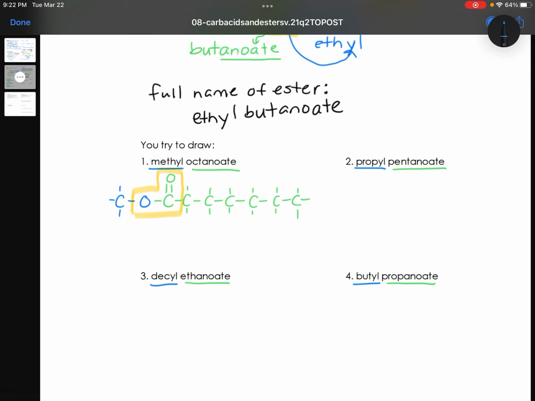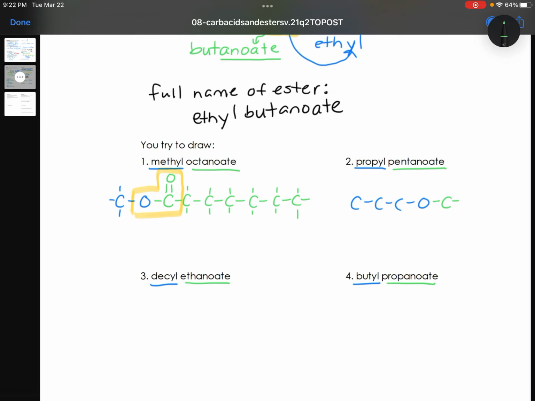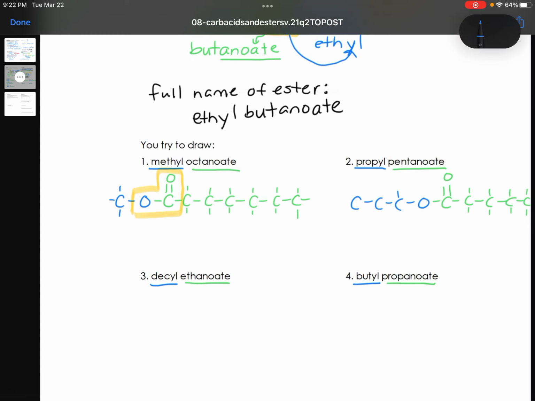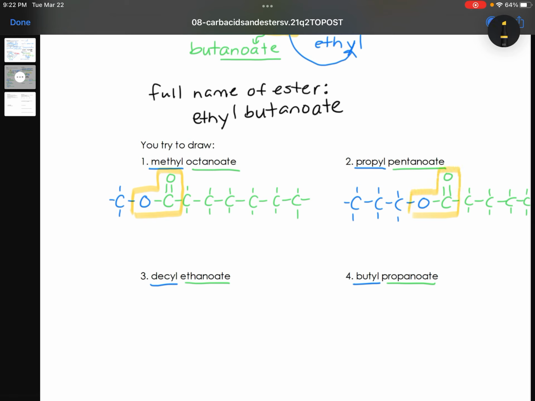All right, so propyl is 3, single O, and then pent is 5. Put that double bond O right next to the single O. 1, 2, 3, 4, 5. Because that makes the ester linkage.